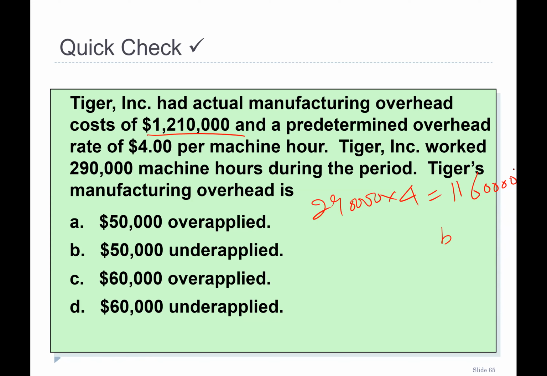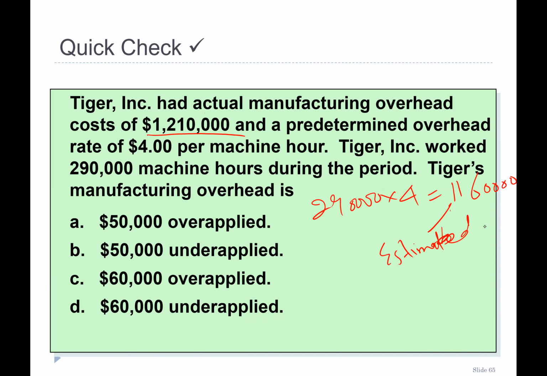So now tell me, 290,000 multiplied by 4, again double check. Yes, 1,160,000. So this is the estimated, because we multiply this with the predetermined rate. So this is the estimated or applied.